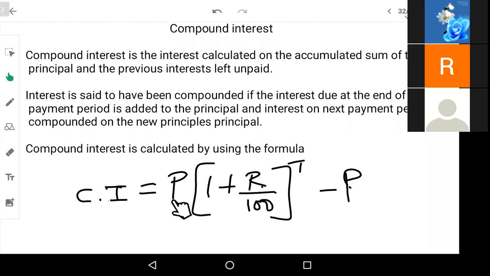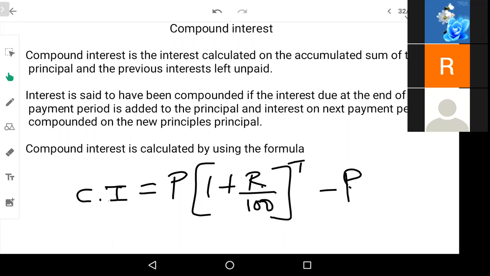First, you will use the principal to calculate the amount, and later you should subtract the principal so that you will get only the interest amount. We don't want principal plus interest here. We only want to know the interest amount which is compounded. So that is the compound interest formula.